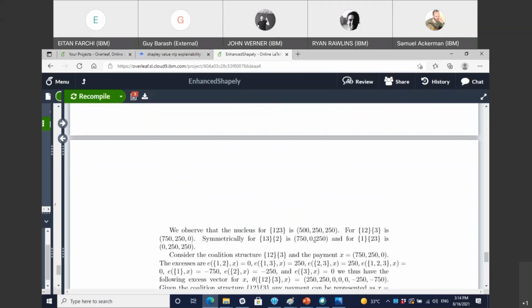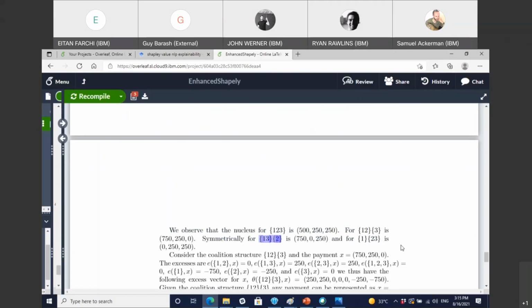In both cases, if these are the payments, then it doesn't matter. I'll get 250 in both cases. Player 3 will get 250 in this case and in this case. So there's no advantage if you believe that these are going to be the way you split.